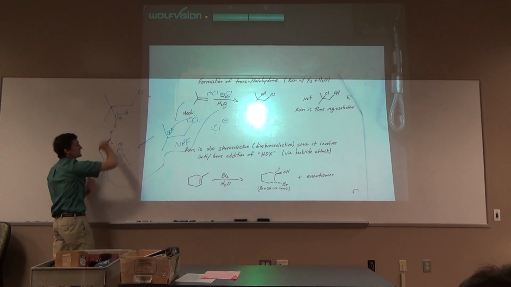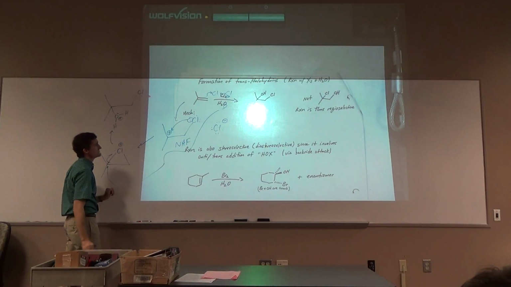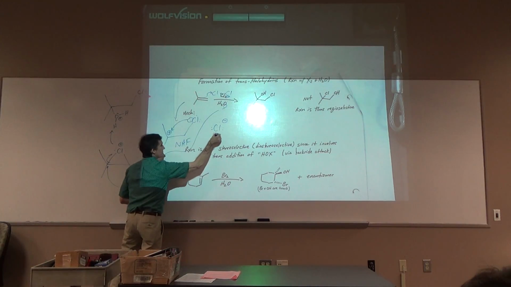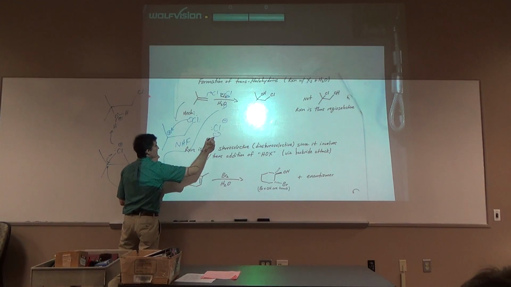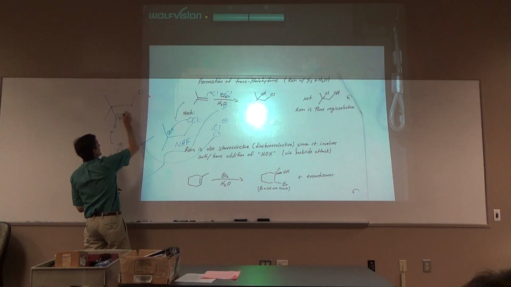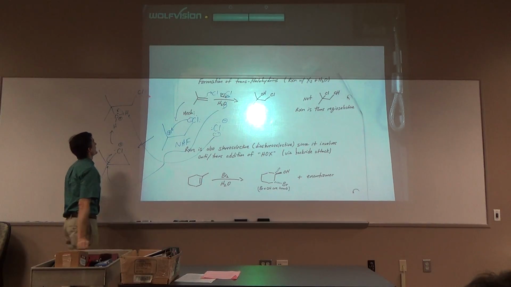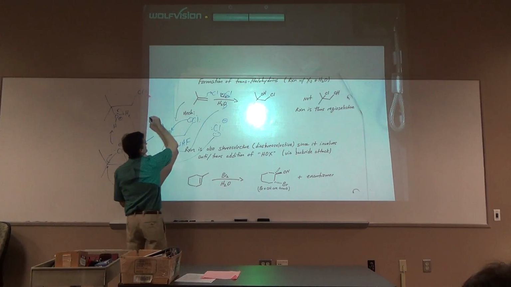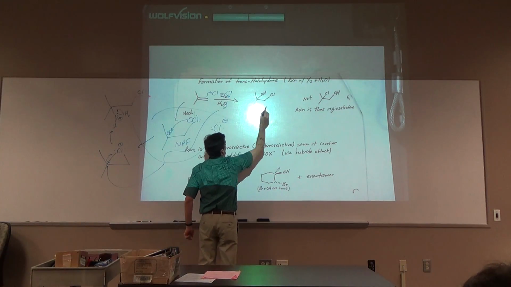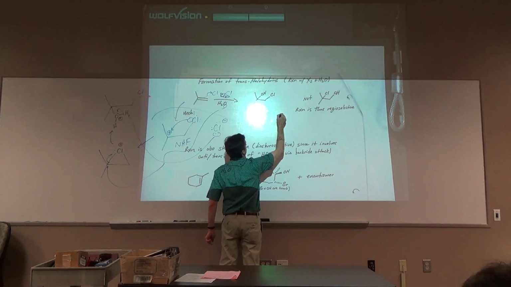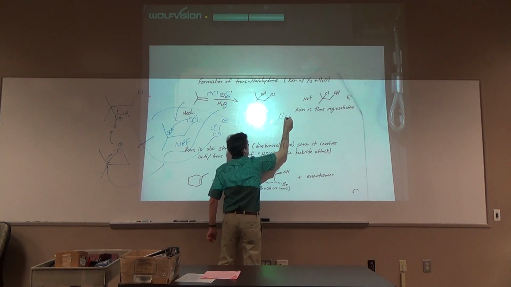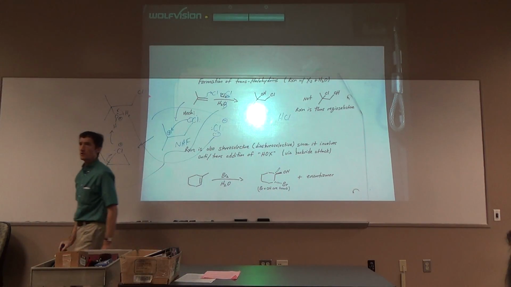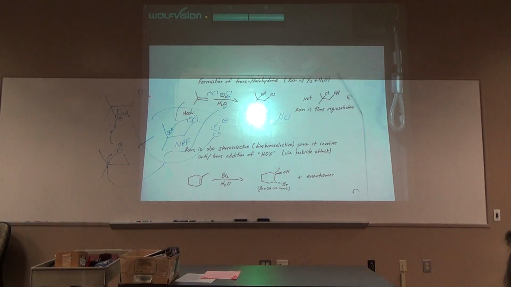We need to lose an H plus. What can take the H? Actually, Cl minus could, or water could. Take the H, these electrons move on to oxygen. What does that give? That gives the final product plus what? HCl. HCl is actually the small molecule byproduct here.